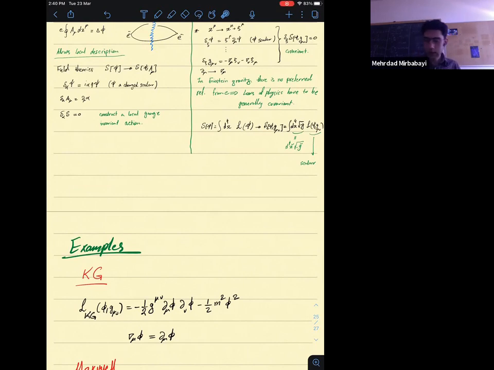Now, let us see one particular consequence of this rule, which is interesting because it gives us a prescription for deriving the energy momentum tensor, even if we are not talking about gravity. So we said that because in gravity there is no preferred frame, in that case we just have to work with general covariant theories.